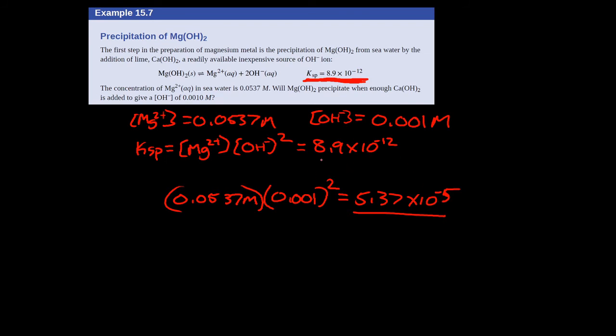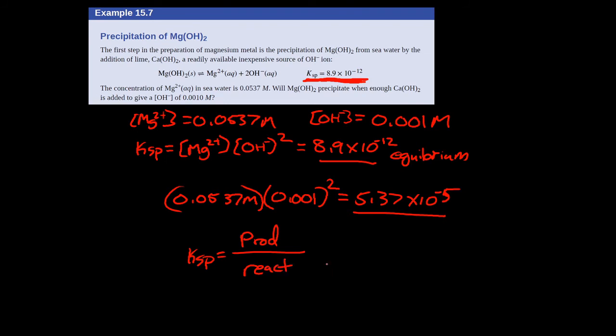So this number is telling us if we're at equilibrium. Okay, this is at equilibrium. These concentrations will equal this. When we actually plug our real-life concentrations in, it's much bigger. It's a much bigger number. If you remember what Ksp is, that is products over reactants.